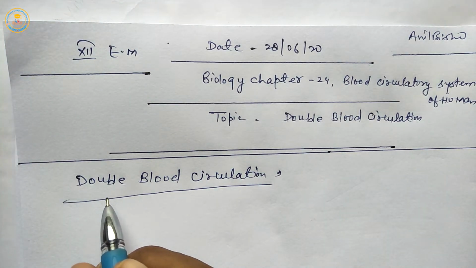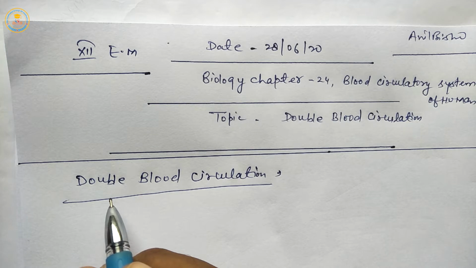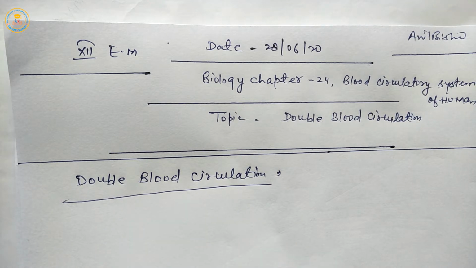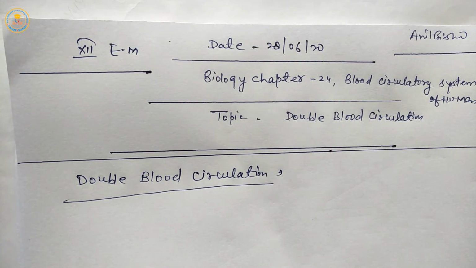When blood enters the heart two times, it is called double blood circulation. Students, the first to describe double blood circulation was William Harvey, and next I draw a figure of double blood circulation in human.